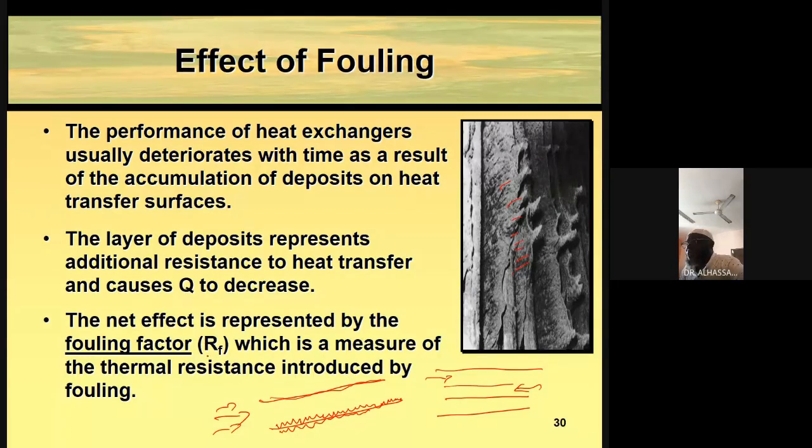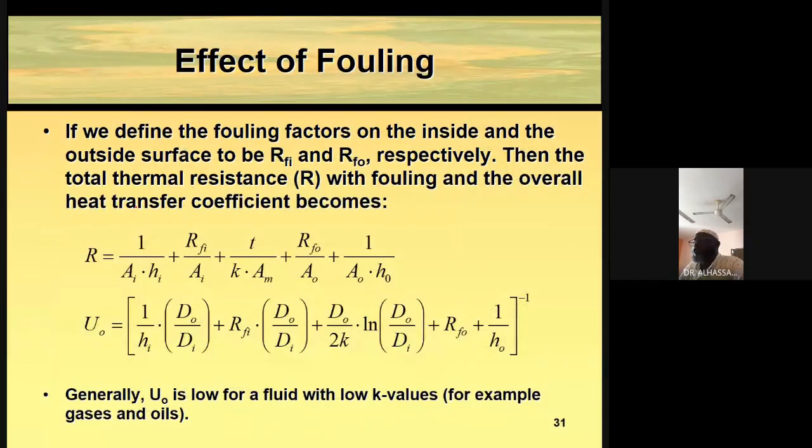So if we represent the thermal resistance offered by the fouling by RF, now let us determine this RF. So we introduce this RF into the equation. If we define the fouling factors on the inside and the outside surface to be RFI and RFO respectively, then the total thermal resistance with fouling and the overall heat transfer coefficient is given by this.